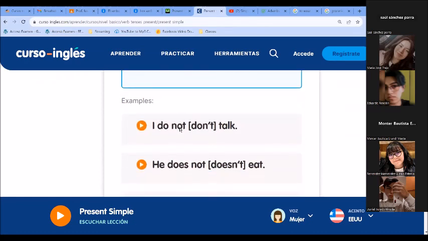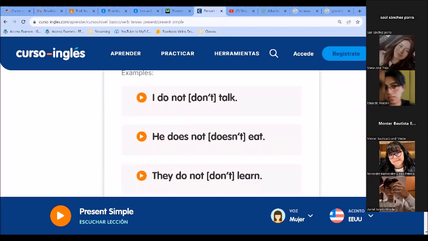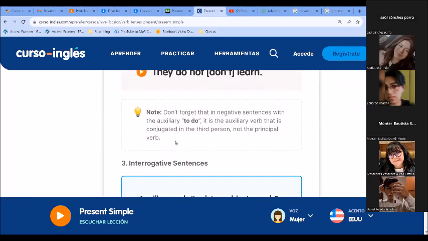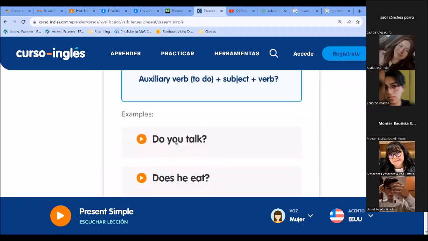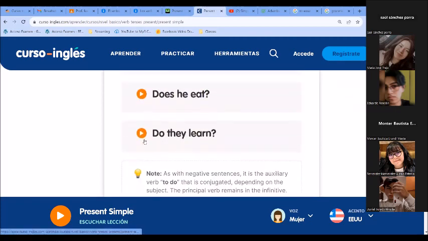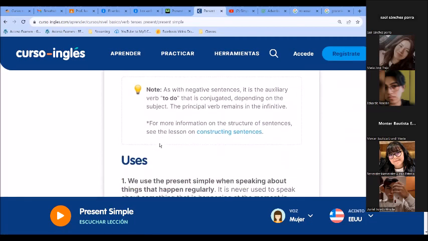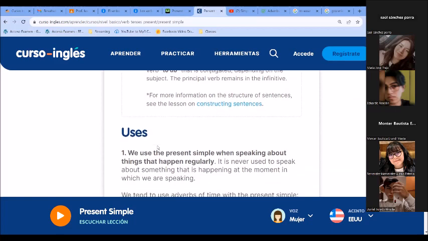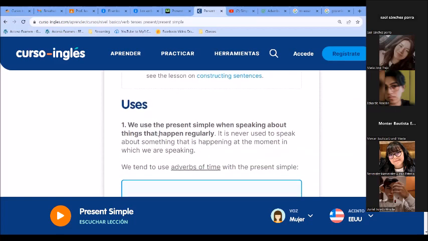For the negative form, we use the auxiliary helping verb do, as in do not, or does not for he, she, and it. And for question forms, we usually start with do or are or is. All right, so now let's dive in.